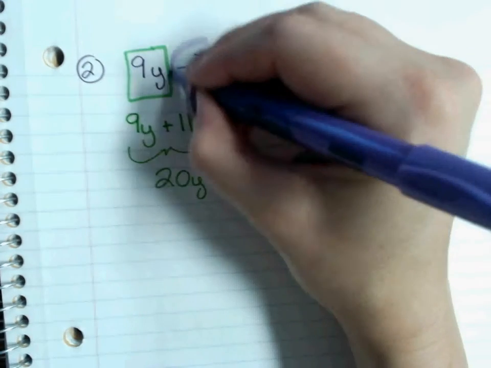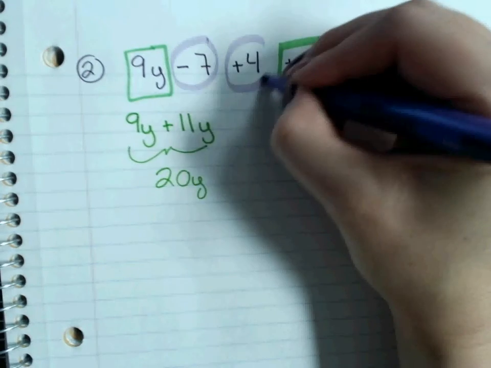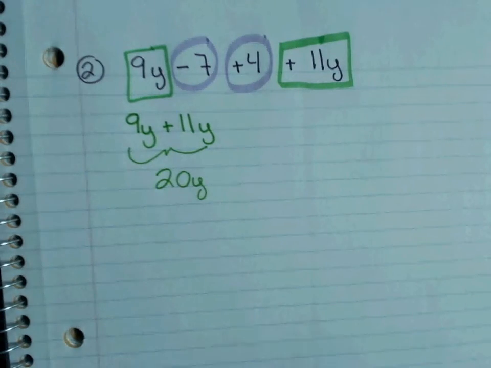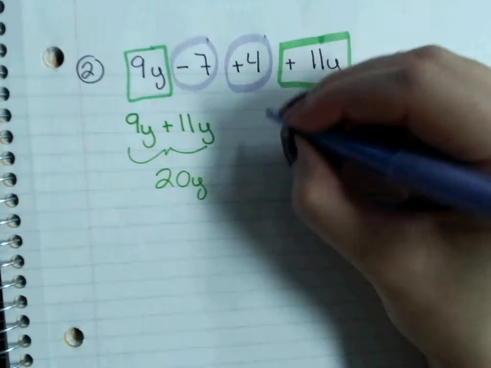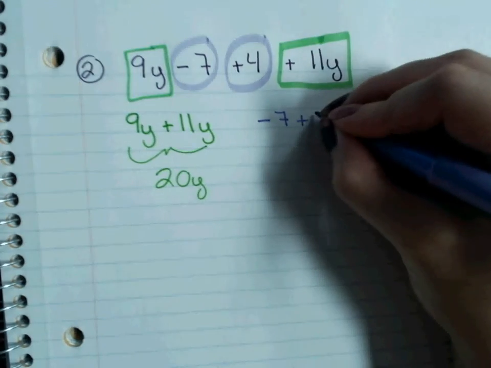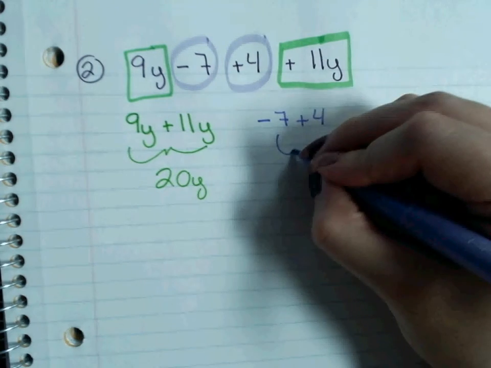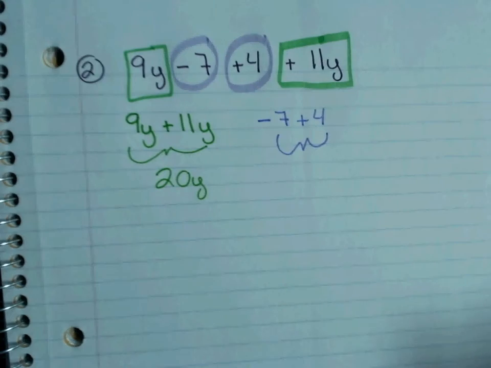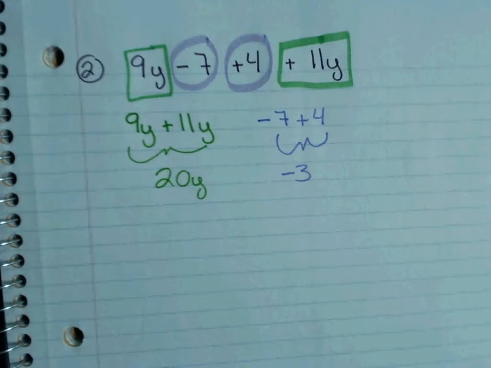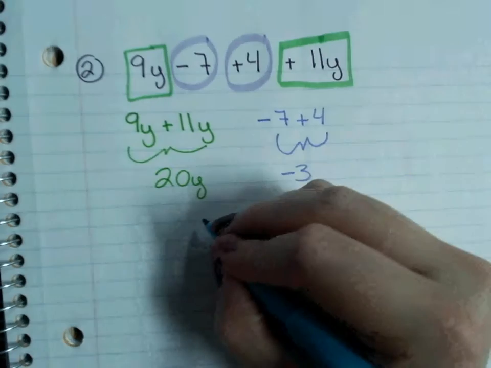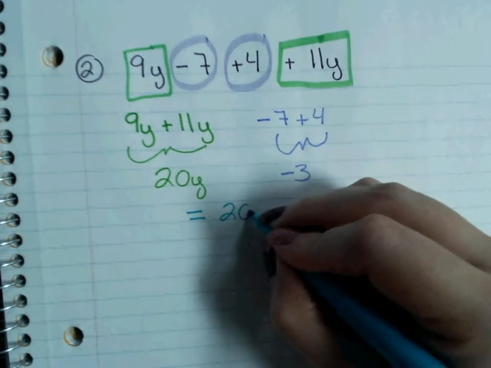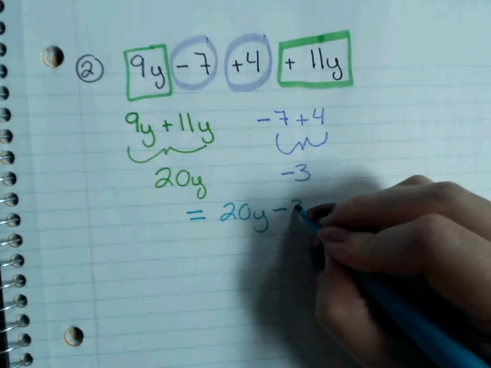Negative 7 and a positive 4. Remember, the minus sign can act like a negative sign when you isolate it. So that's a negative 7 plus 4. What is negative 7 plus 4 going to give us? Negative 3. So now when I piece the whole thing together, my final answer is 20y minus 3.